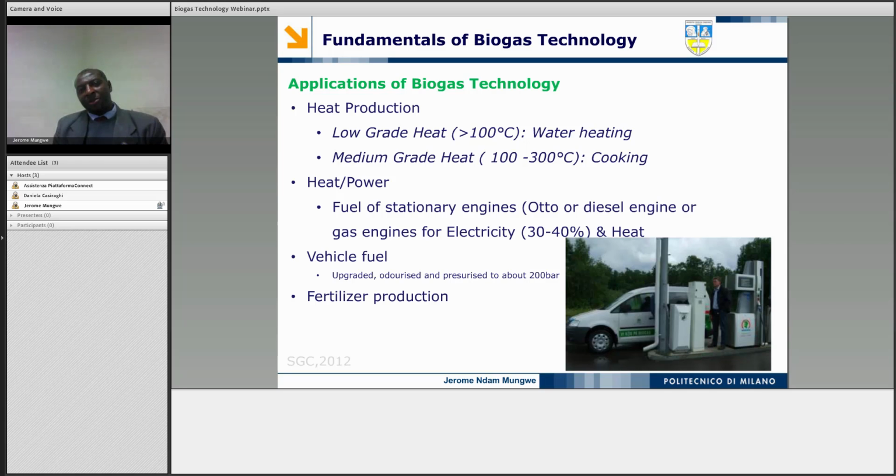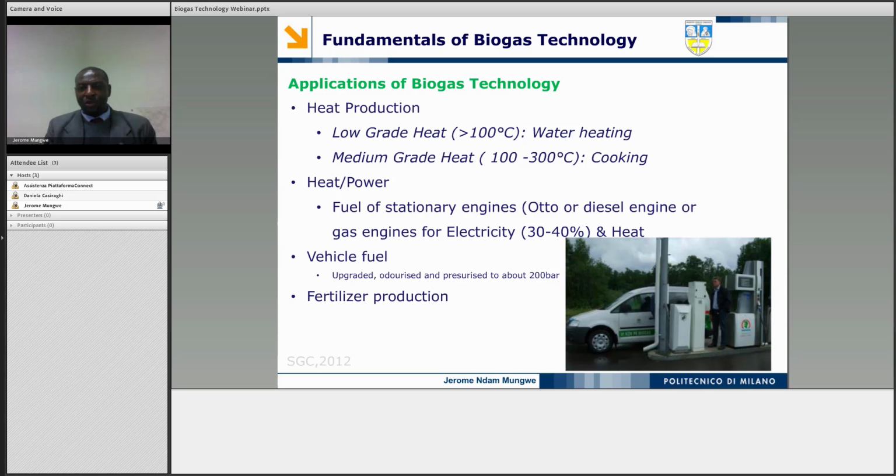For applications of biogas technology, I would like to mention here that biogas technology is a very versatile technology which produces biogas that can have several applications. For example, the biogas can be burnt directly to produce heat for cooking or for warming of water. The biogas can be used to run stationary engines to produce heat and power.